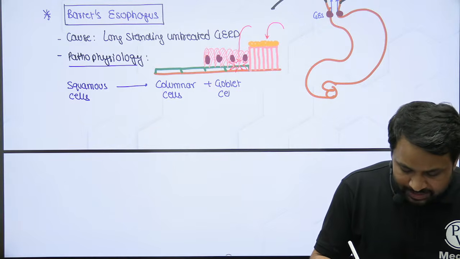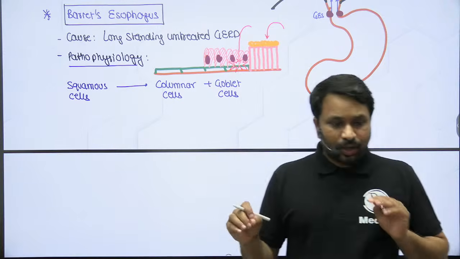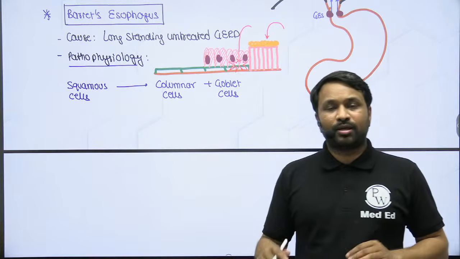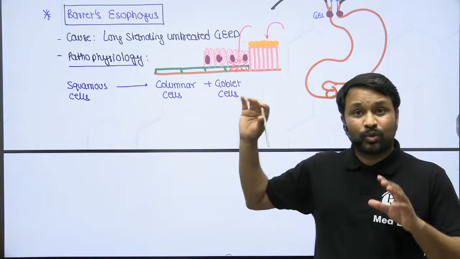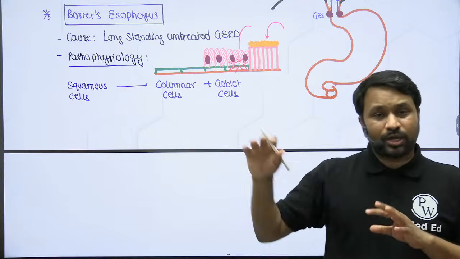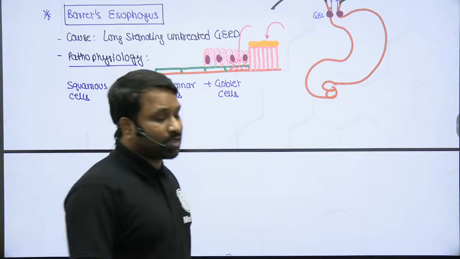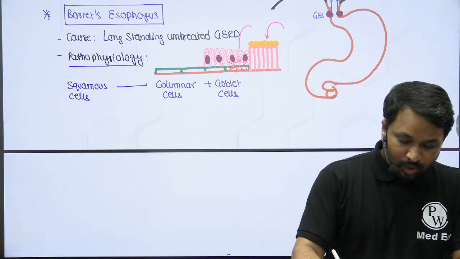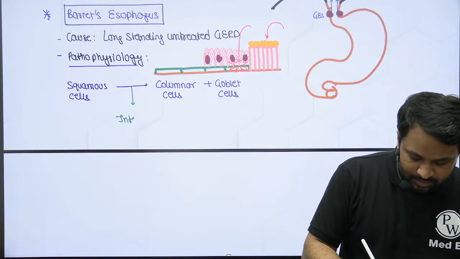Now goblet cells usually body में कहाँ मिलेंगे? वो intestine में मिलेंगे. ठीक है? Now you see squamous is converting into columnar. It is called metaplasia. ठीक है? और metaplasia goblet cell के साथ हो रहा है, तो intestinal type of क्योंकि goblet cells are present in intestinal mucosa, it appears to be like an intestinal mucosa. Hence this whole phenomenon is what we call intestinal type of metaplasia.